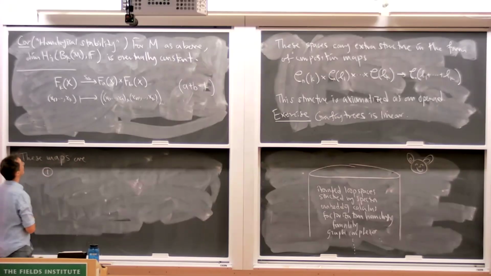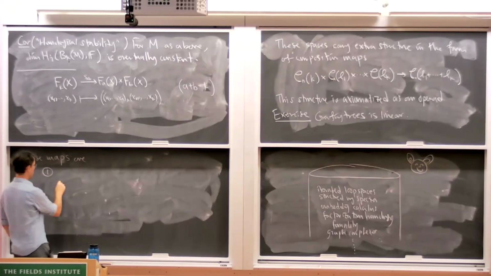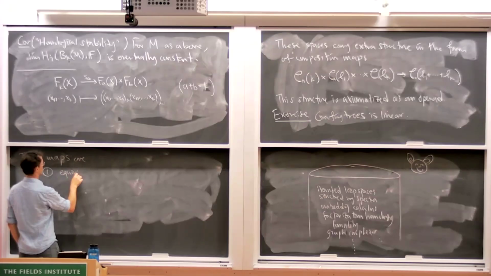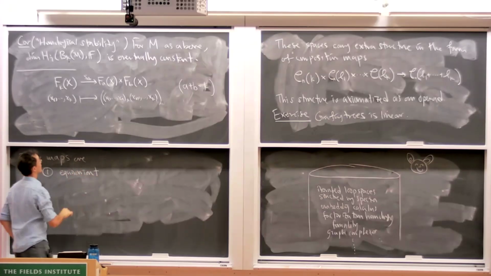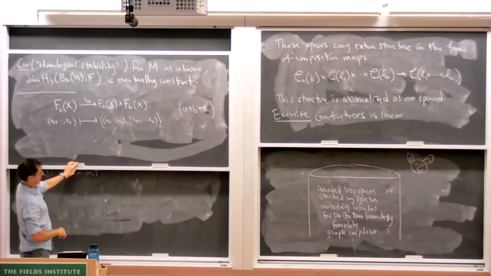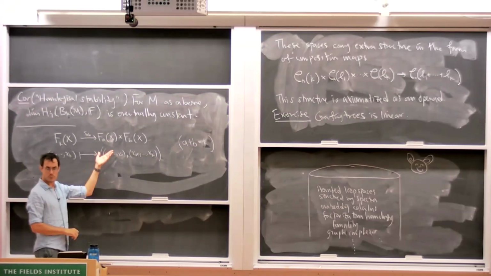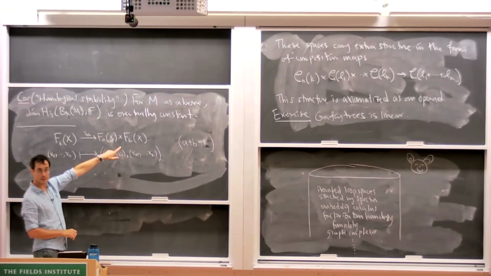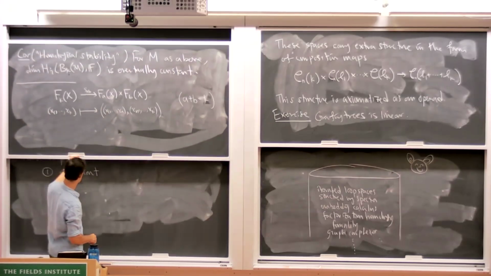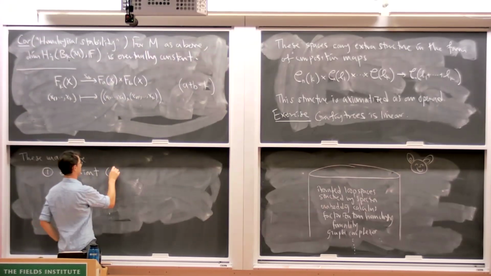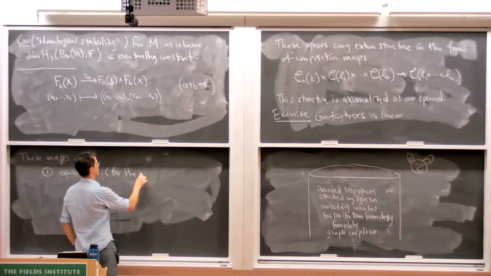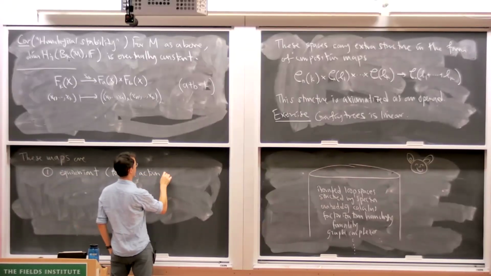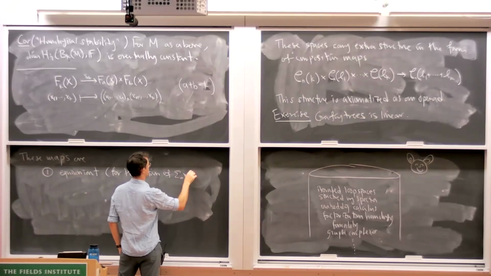And this map is equivariant in the only sense possible since 2 different groups are acting. Here what's acting is sigma_a times sigma_b, which is a subgroup of sigma_k, and this map is sigma_a times sigma_b equivariant.